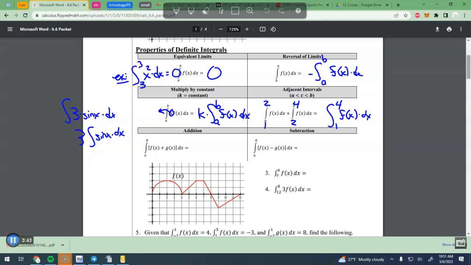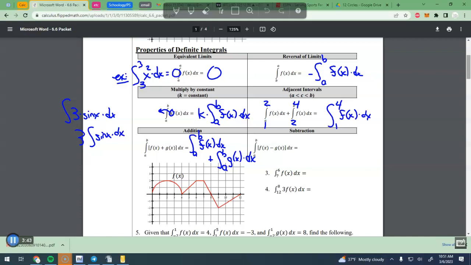These two, you never really think about this, but it's just saying you can separate the terms on the inside. We had that rule for derivatives too, but again, we never really think about it, you just do it.